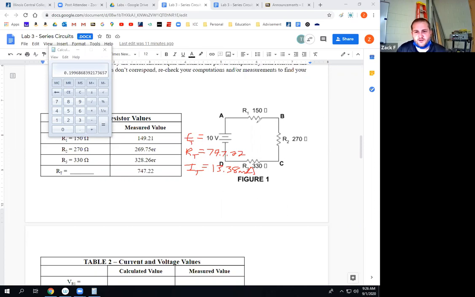So theoretically, is that current the same across all those resistors? Yes. Apparently Zach thought we were doing a voltage drop lab and we're not.